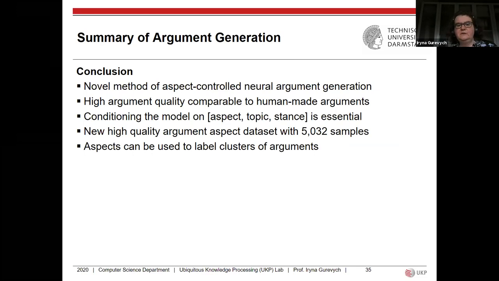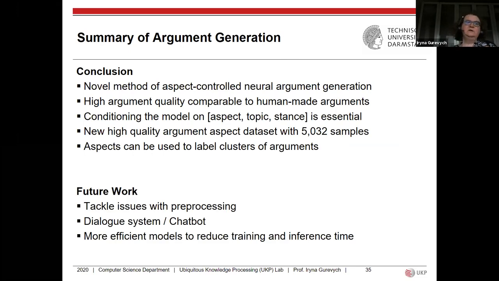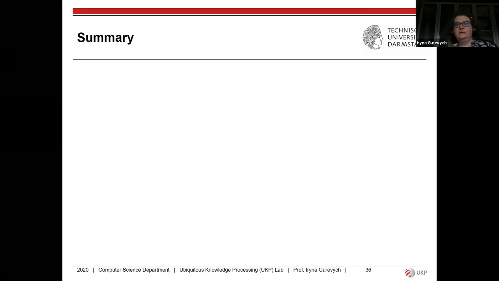And the aspects can also be used in future work in order to label the clusters of arguments. There are multiple directions for the future work, for example, to improve pre-processing, to integrate argument generation in interactive dialogue systems, and also to introduce more efficient models in order to reduce training and inference time.